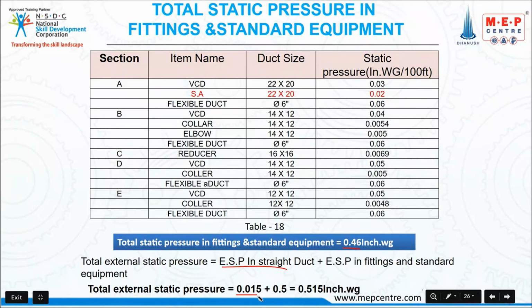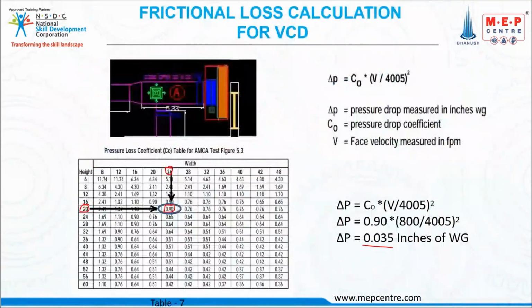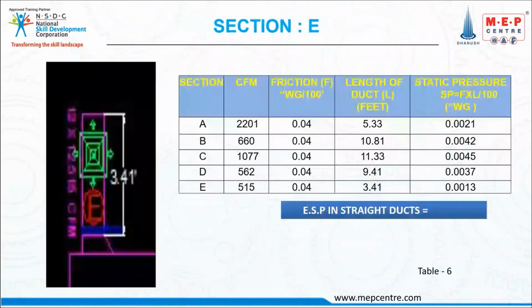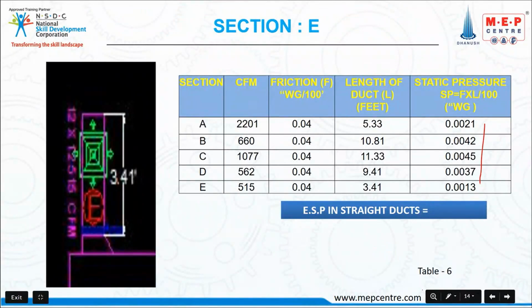Sir, once again we calculate it, static pressure in straight duct. How will it be? 0.0158, divided by 100.